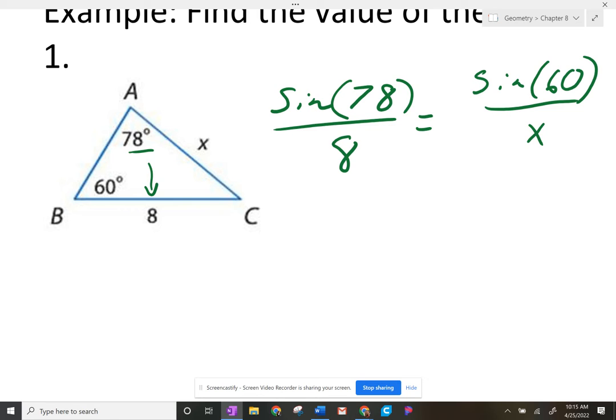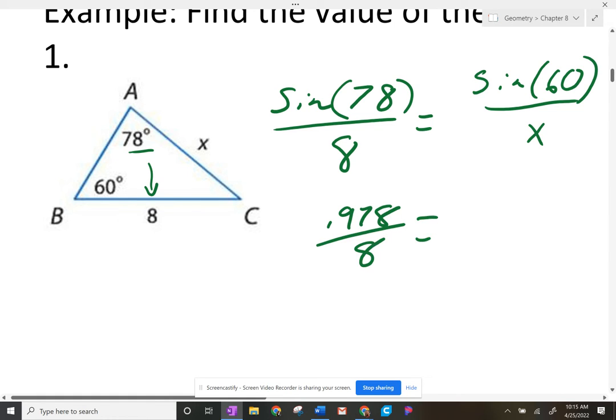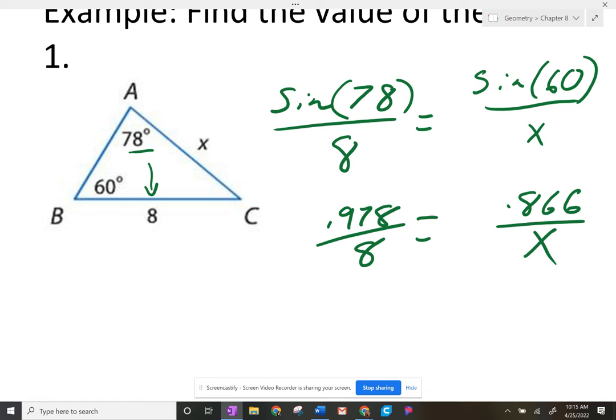Making sure it didn't go over to radians. So I have 0.978 divided by 8 equals the sine of 60. That one's going to be 0.866 over x. Now it just turns into a regular cross multiplication problem that we did a ton of work on previously.